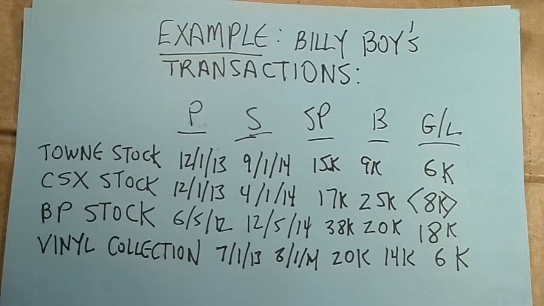Now, a step up is something we'll talk about other places within the chapter, but what happens here is Billy Boy, even though his father only paid $1,000, is allowed to step up to $9,000, the value of the stock on the date his father died. But notice this is not what his father paid. So in the example I'm describing, it would still be basis. Billy's allowed to act as if he paid $9,000, but it's not cost basis because it's not what he really paid.